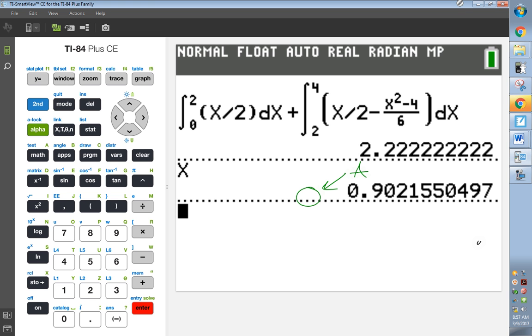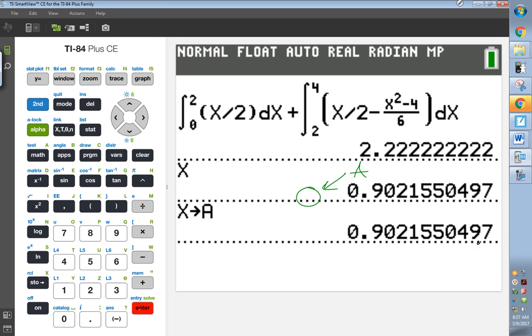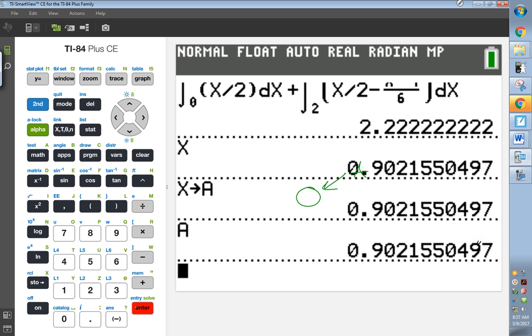I'm going to save that number as the letter A. So I'm going to hit X, store, alpha A. Now anytime I use the letter A, it's going to be that same number no matter what. Everybody good to there?